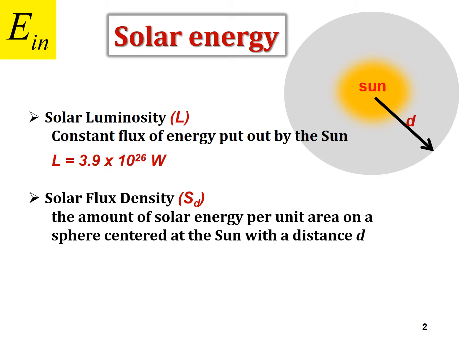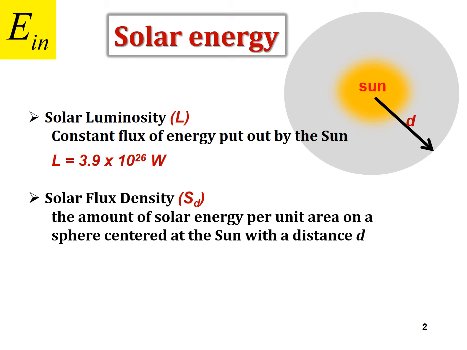Distance, maybe we use d. That's distance. There's a sphere. We want to ask what is the solar energy passing through the unit area on that sphere per second? This is called the solar flux density.